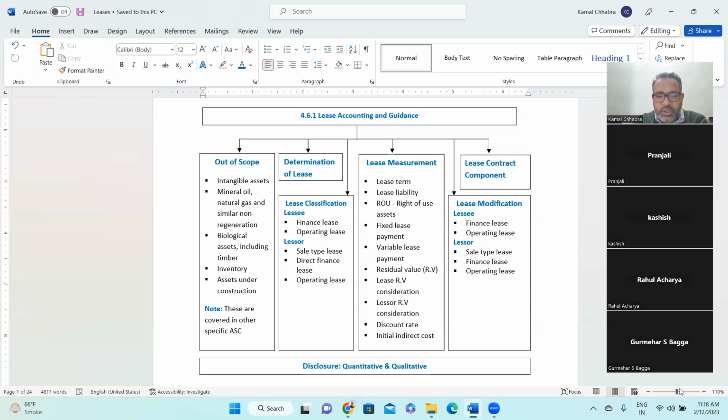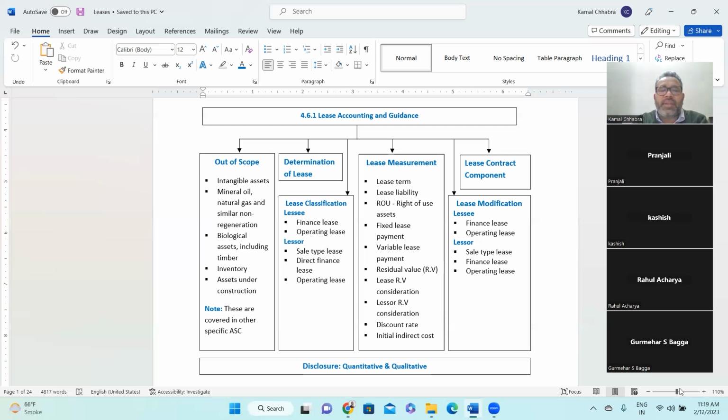So the first and foremost concept we'll be understanding in detail today is the determination of lease. We'll be investing a good amount of time in understanding the determination of lease. Then, once you understand an arrangement, an agreement is a lease agreement, the second thing we'll be understanding is the classification of lease.